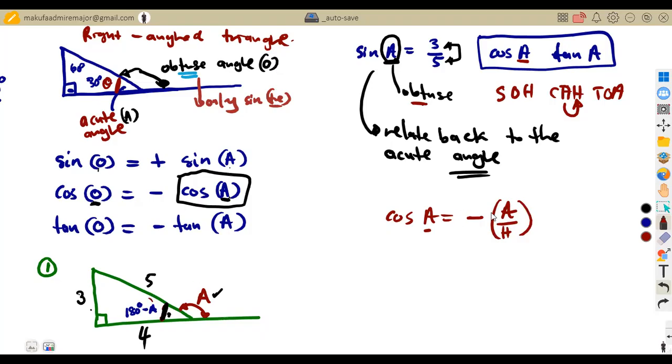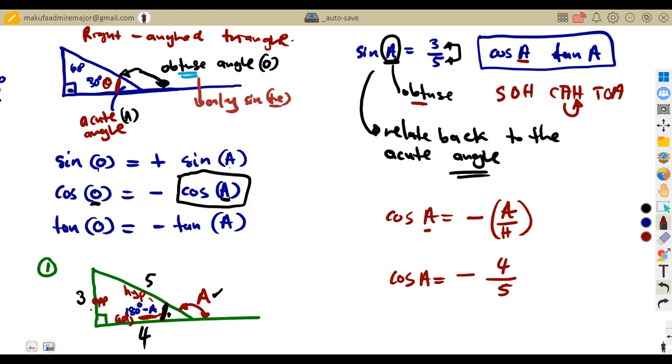So our answer is going to carry a negative. So the cosine of A is going to be minus adjacent over hypotenuse. What is the adjacent, according to the angle that is inside? We have got our opposite here, our adjacent, and our hypotenuse. So our adjacent there is a 4 over the hypotenuse, which is a 5. That is how you answer this question.